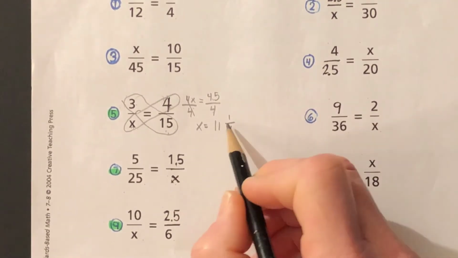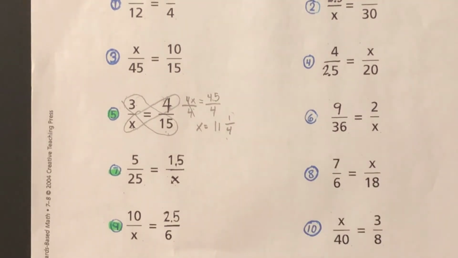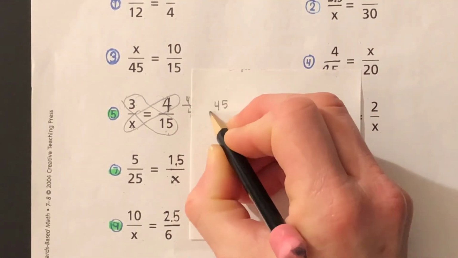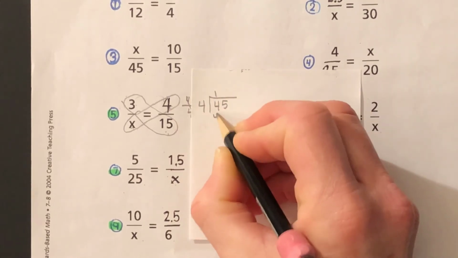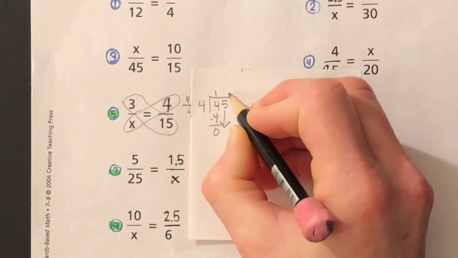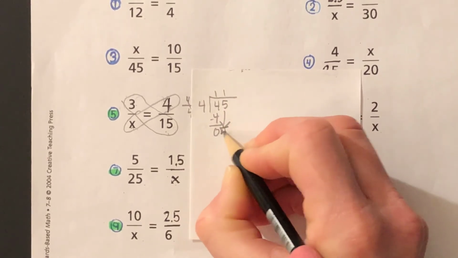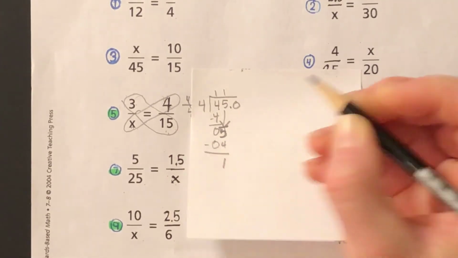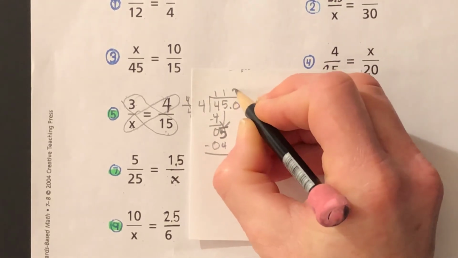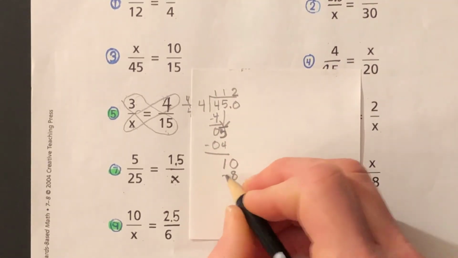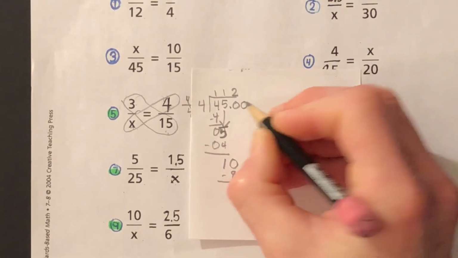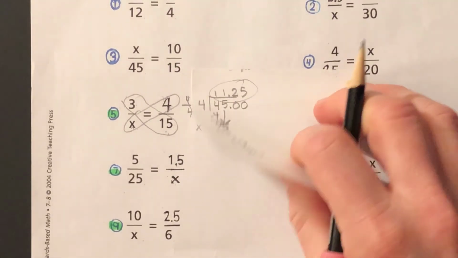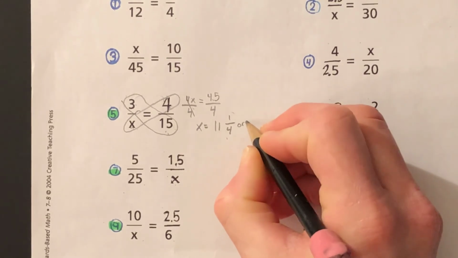You can choose to write your answer as a mixed number, or you can go back and do 45 divided by 4, or write it in decimal form. Or 11.25.